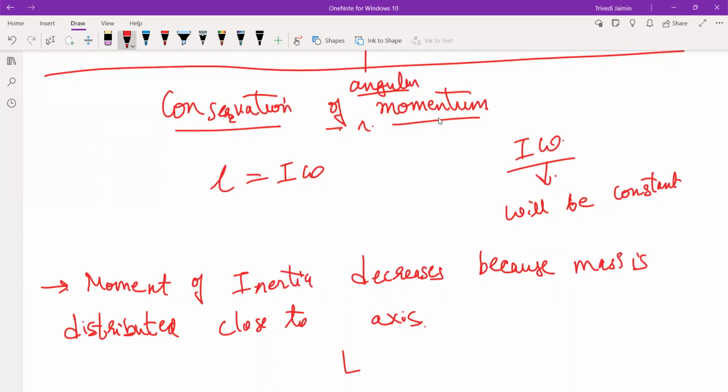So we can say L equals I omega, which is equal to constant.